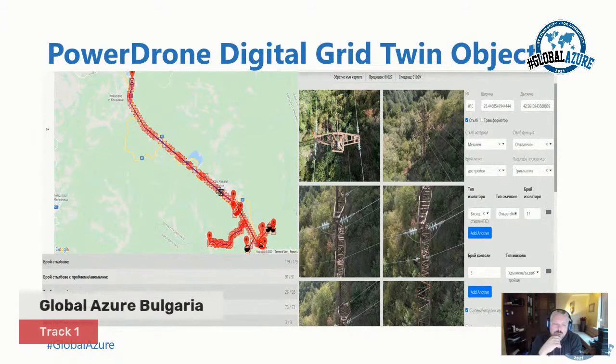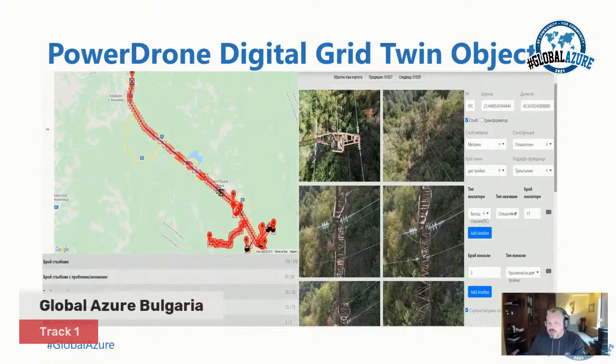We're now able to not only visualize what is happening with different elements, but also use machine learning and machine vision to identify, sometimes with almost 98% accuracy, what is the problem with a specific, let's say, power pole. And we've been able now to collect all this data. We have literally hundreds of thousands of objects gathered.